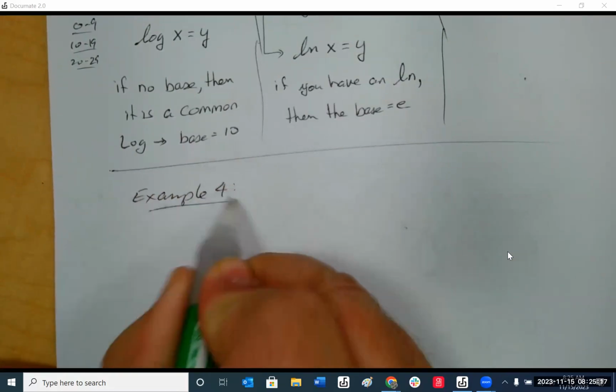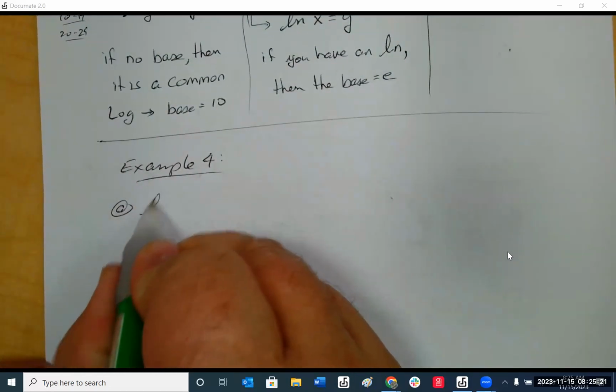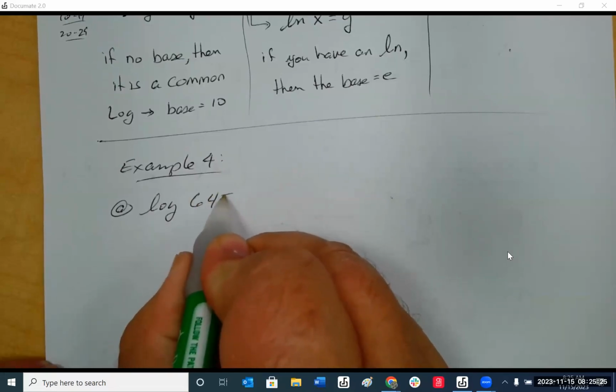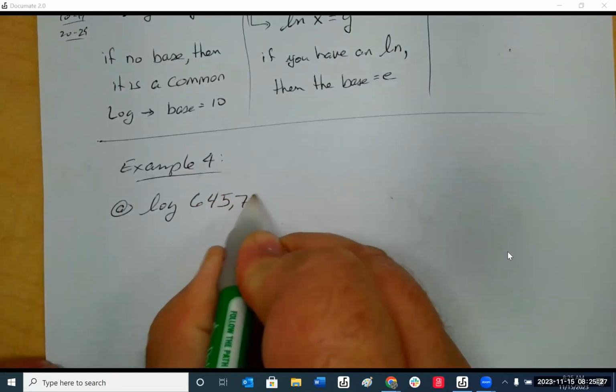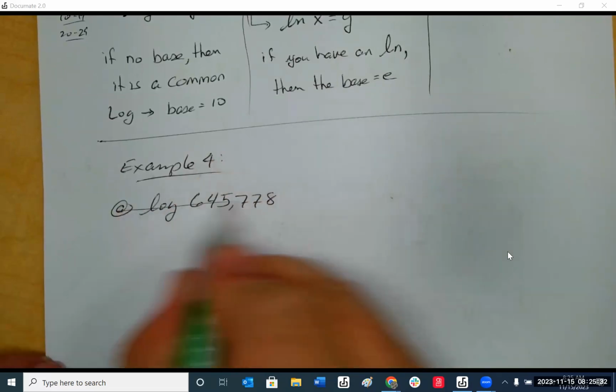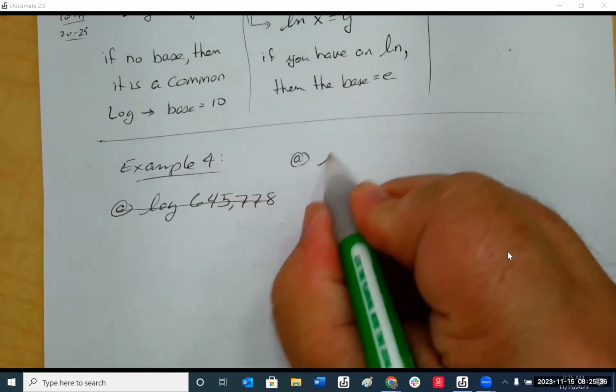Example 4. Convert this one to exponential. Nope, wrong one, that's example 5. But we're going to convert this one.